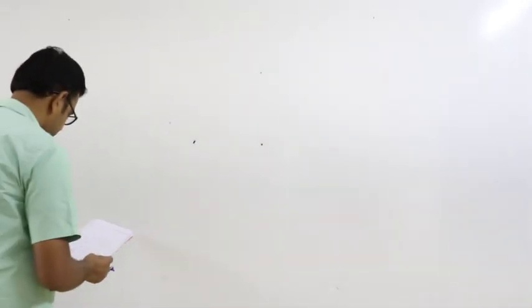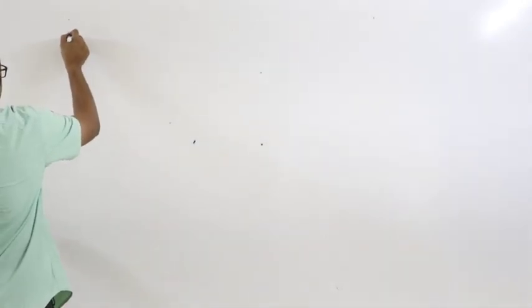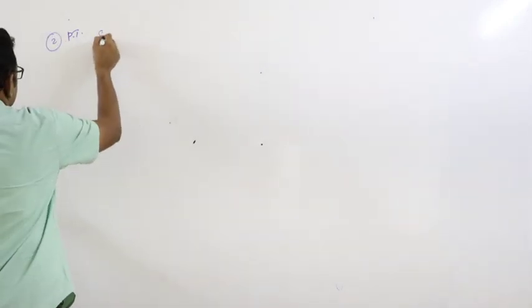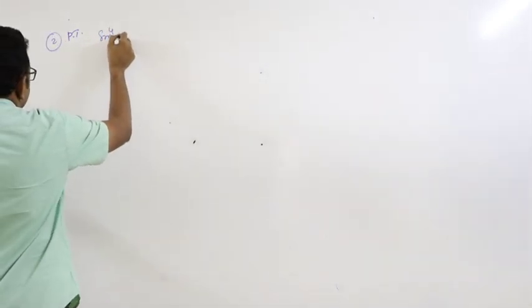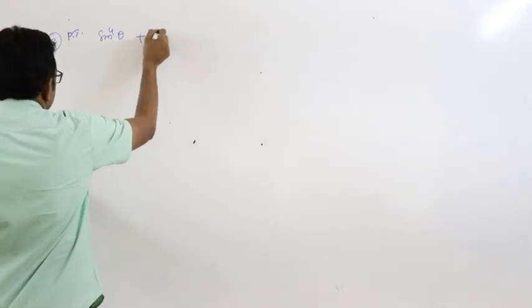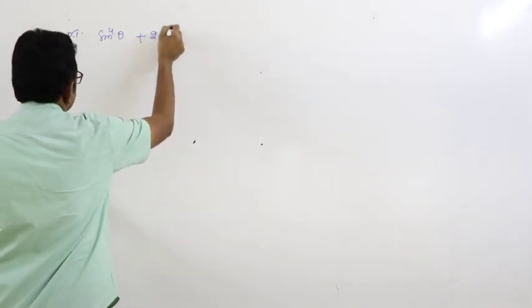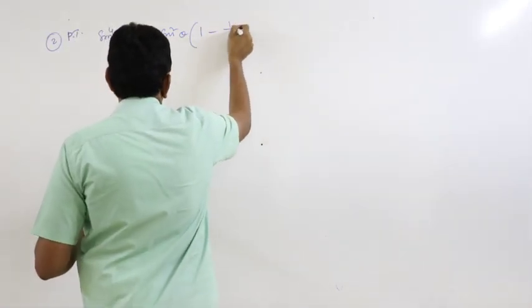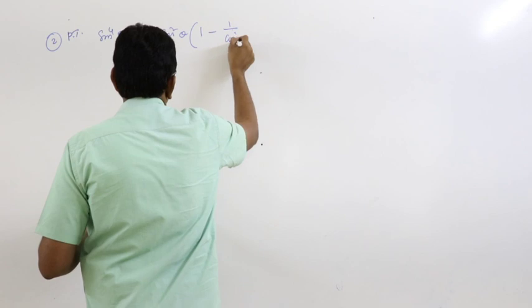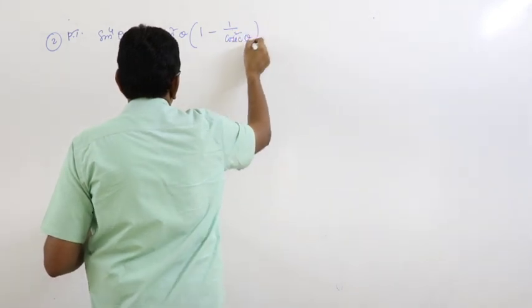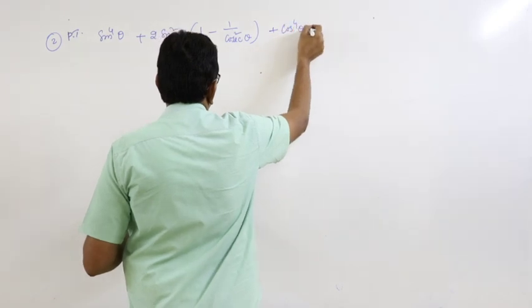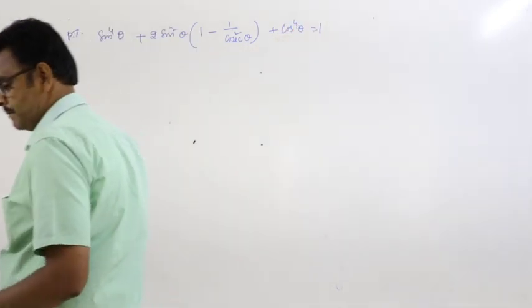Next one, prove that sin power 4 theta plus 2 sin square theta into 1 minus 1 by cosecant square theta plus cos power 4 theta is equal to 1.